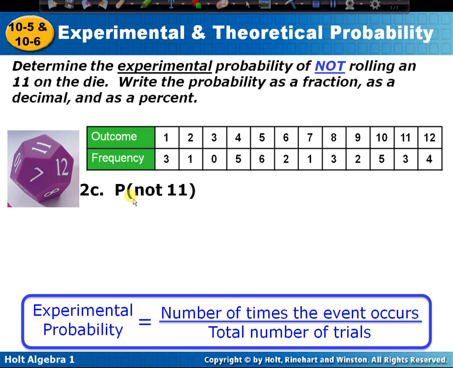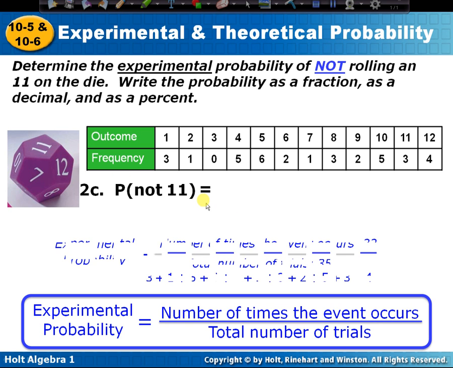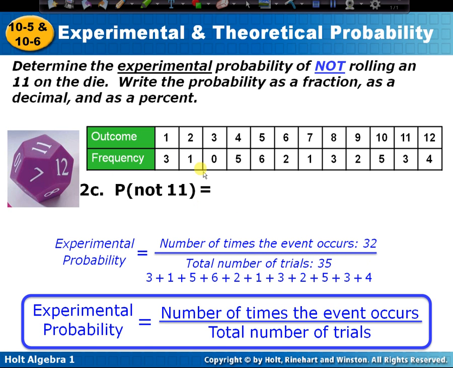Anything other than 11, the probability of it being not 11. So again, I know I have 35 trials, and I've got to add up all of my other trials, or I can take the 35 and just subtract the 3. Because I know that 3 out of those 35 times it ended up on 11. So I can just take 35 minus 3, which is going to give me 32.